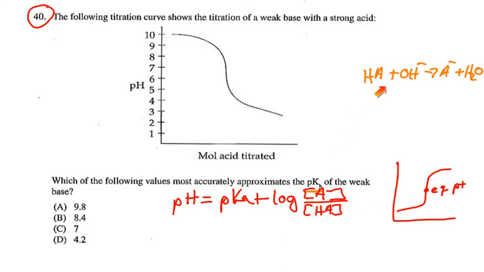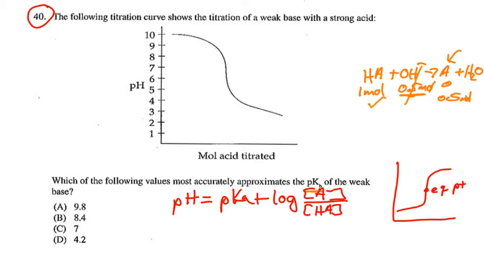And the reason we can see in the reaction up here is, let's say we have 1 mole of the weak acid. By the time we've added half a mole of OH, which is halfway to the equivalence point, remember, adding 1 mole would be to the equivalence point. But when we added half a mole, well, this is completely consumed, but we have some acid left, and we will create half a mole of this weak acid.